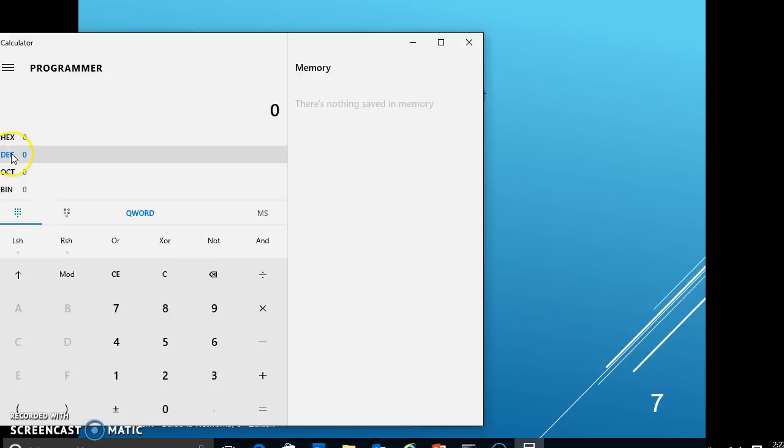Yep. So you have your decimal right here, and you enter 134. And in binary, that's 10000110, exactly what we came up with in the previous screen.